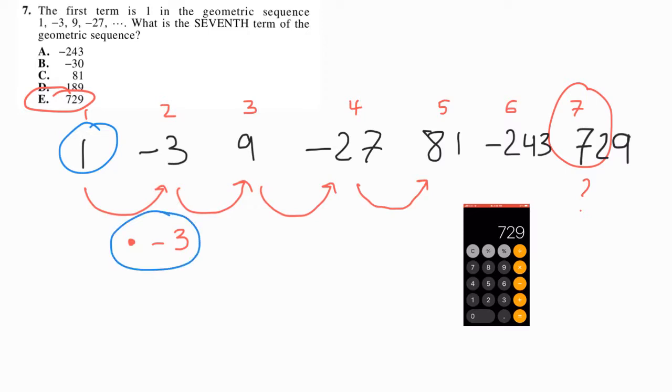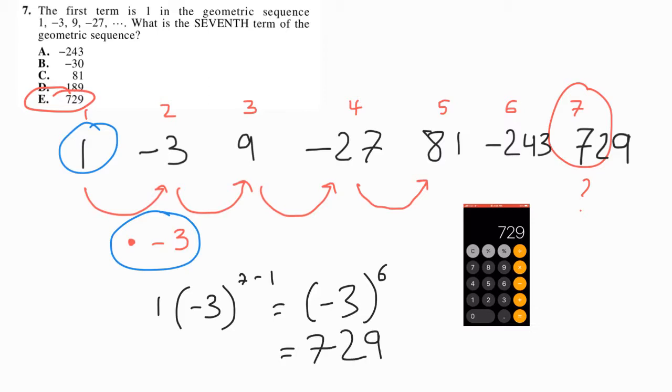So that would mean that your seventh term is equal to 1 times -3 to the 7 minus 1 power, or -3 to the 6th power, which is 729. That's a little shortcut.